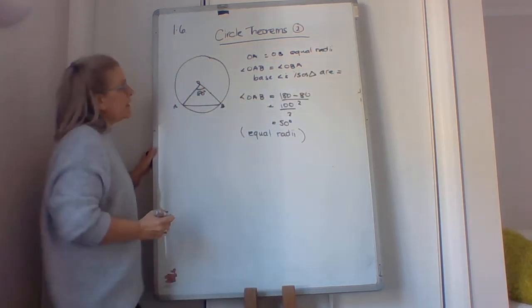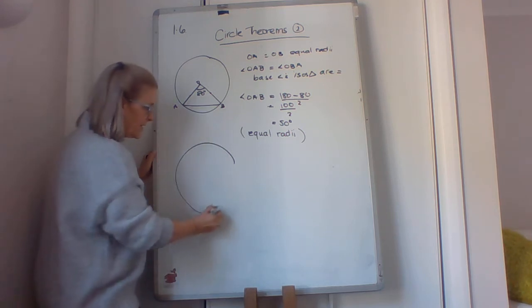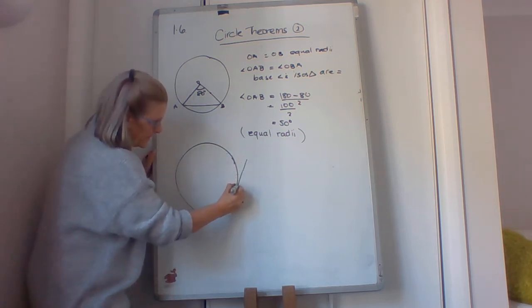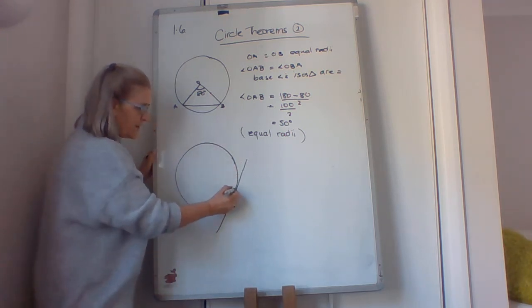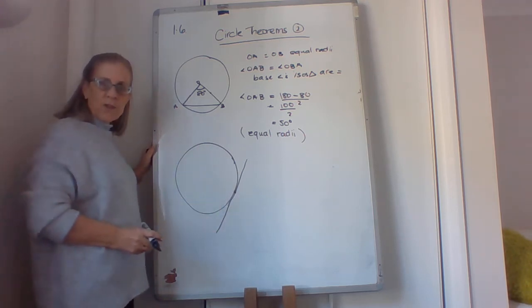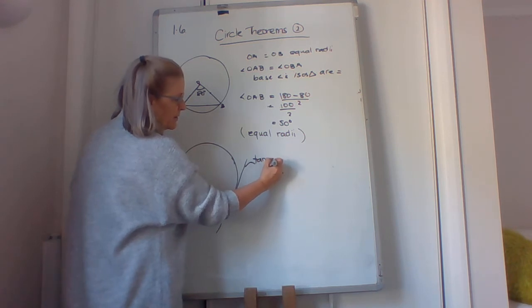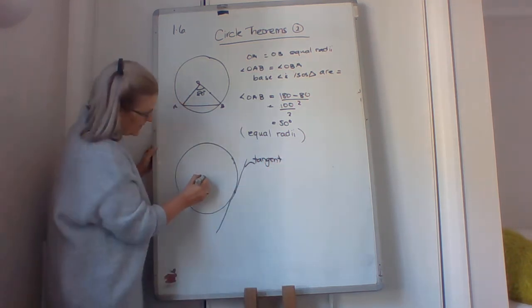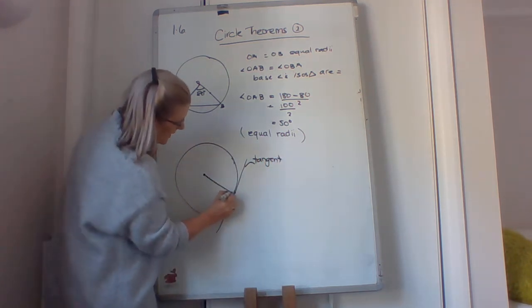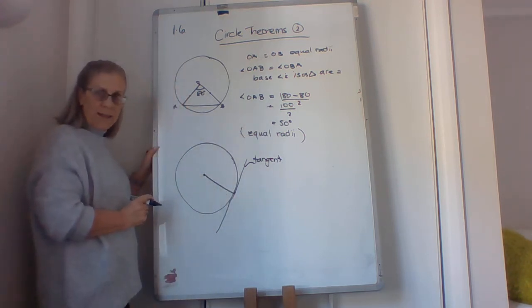All right, the next one looks like this. This line here that touches a circle once, what's it called? Right, it's called the tangent. And this line that comes from the centre to that is called the radius.